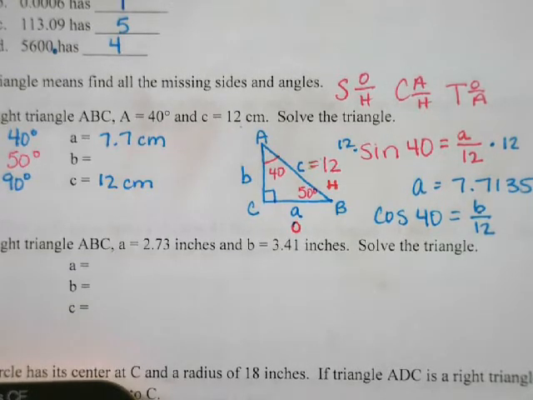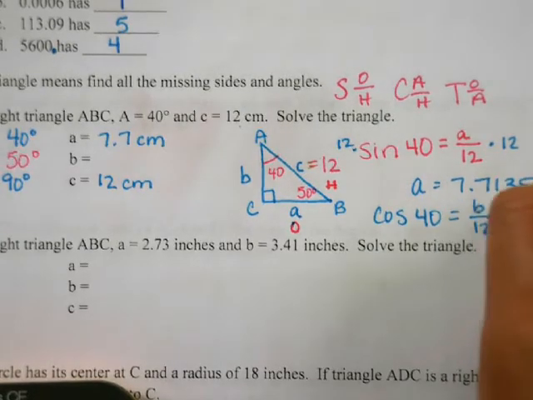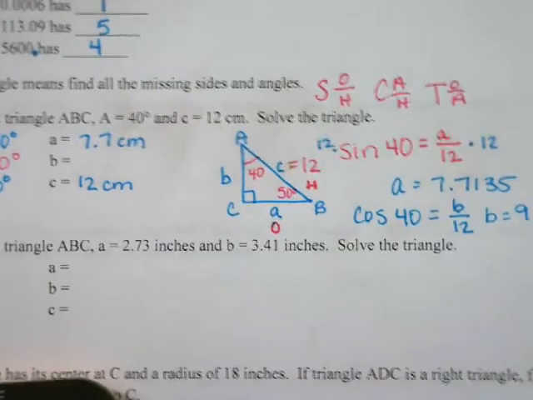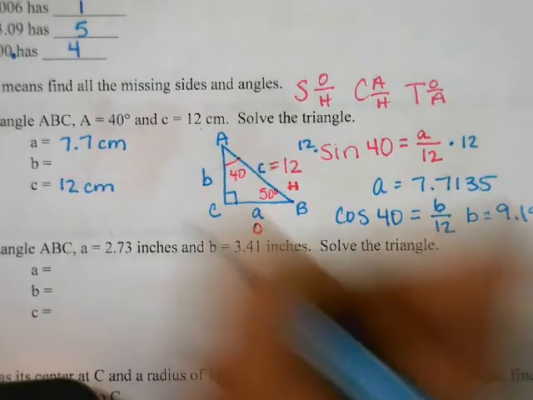So 12 times the cosine of 40, 9.1925, or 9.2.